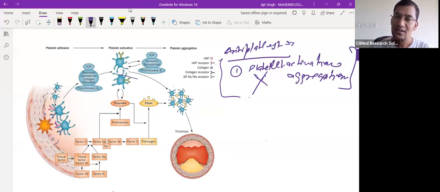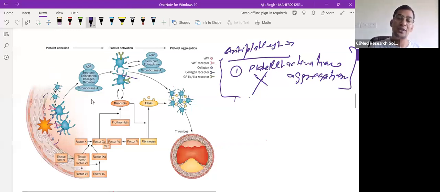Antiplatelet drugs will work on activation prohibition or aggregation prohibition, and then definitely it will stop the coagulation or stop the entire plaque formation, right? Definitely we'll talk one by one.